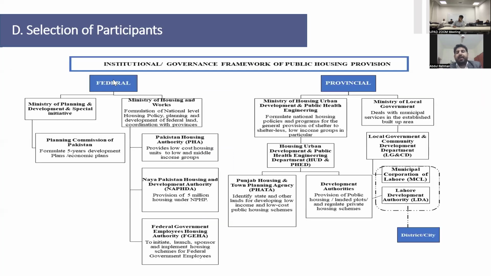Here is the example in my case. As I told you earlier, the field of my research was to explore the housing policy framework in the metropolitan. So here is the framework which I developed: who are the most important key position holders from whom I can get the information. On the left side there are different hierarchies at the federal level, and on the right side the provincial level.